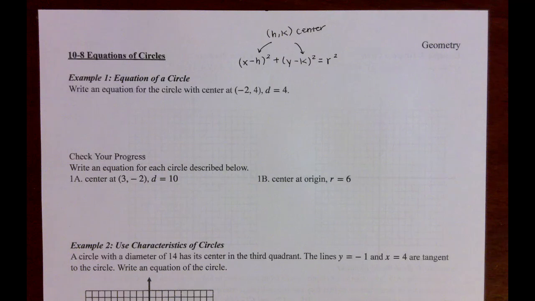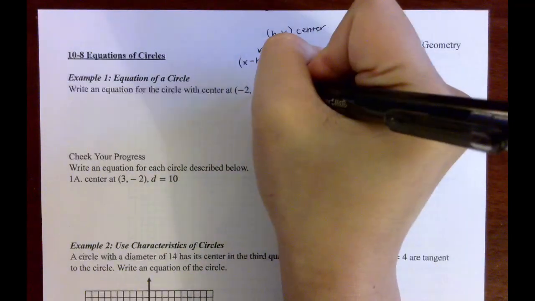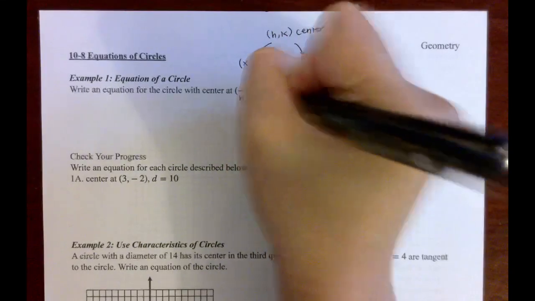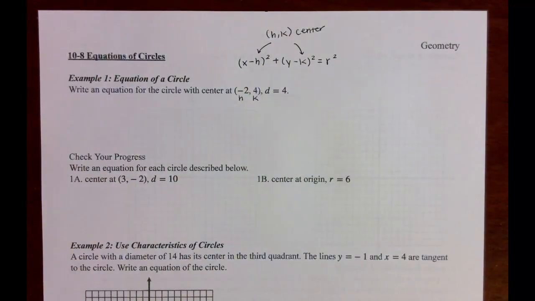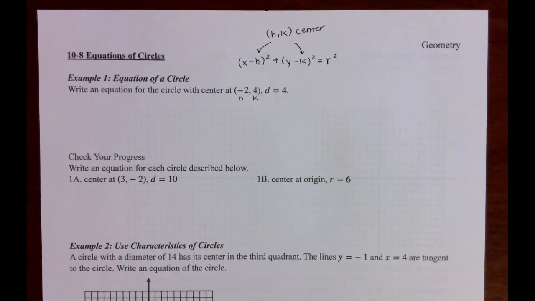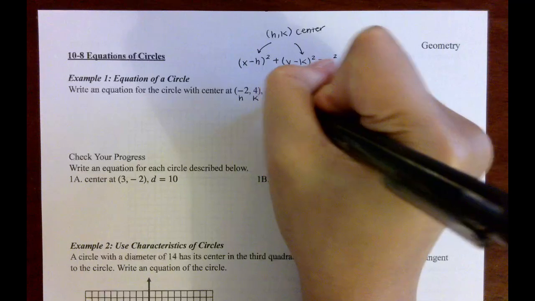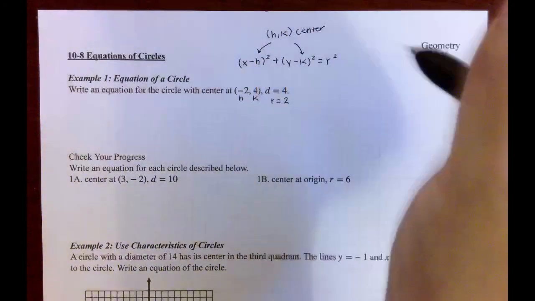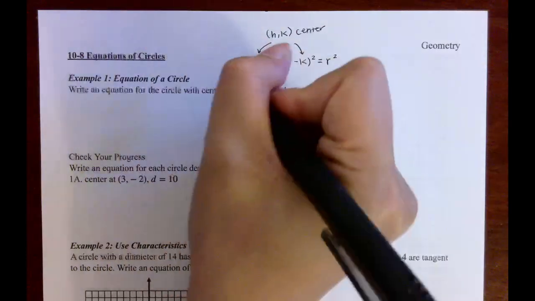So what that means then is if I have this circle with a center at (-2, 4), -2 is going to be h, 4 is going to be k. And if the diameter is 4, the radius is half of that, which means the radius would be 2. Then all I have to do is plug things into the equation of a circle.